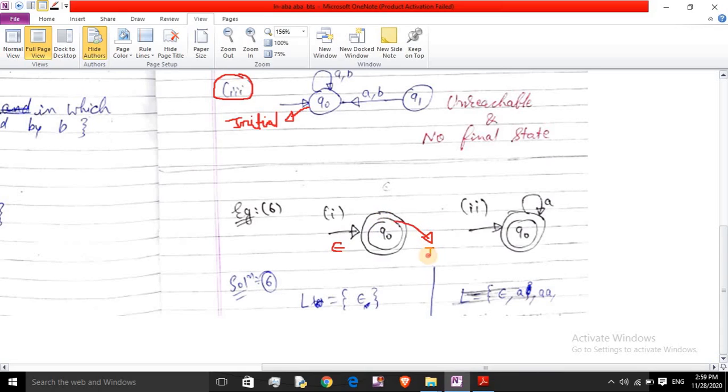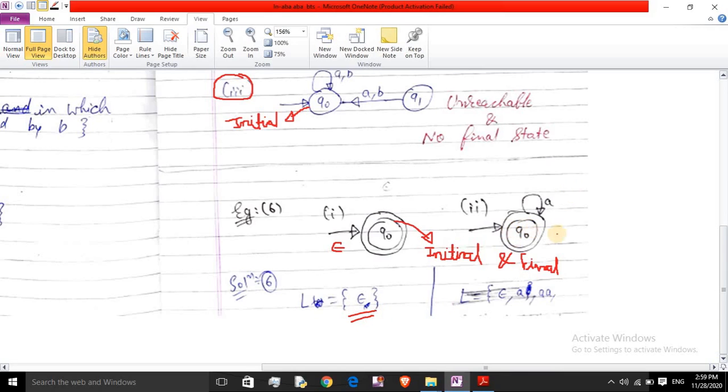This is both initial and final state. So it will accept only the epsilon string, because no input alphabet is given here. So it will accept only the epsilon empty string.